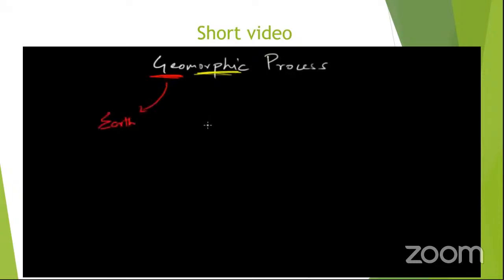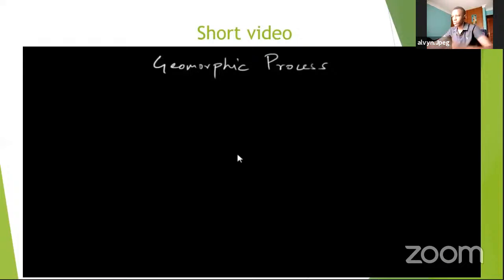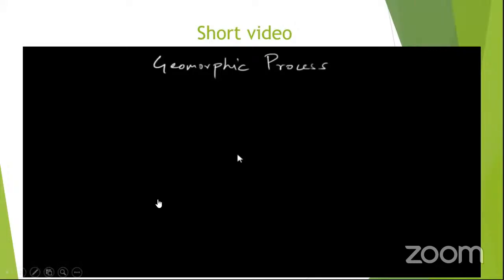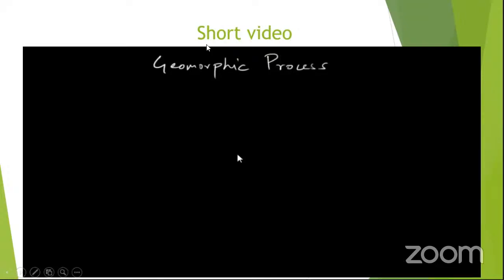I can't hear well. Let me see what the problem could be. On sharing screen, yes. When you're going to share your screen, there is an option of share. Can you first stop sharing? Then start sharing.